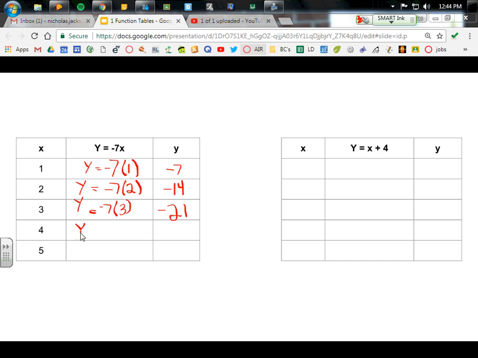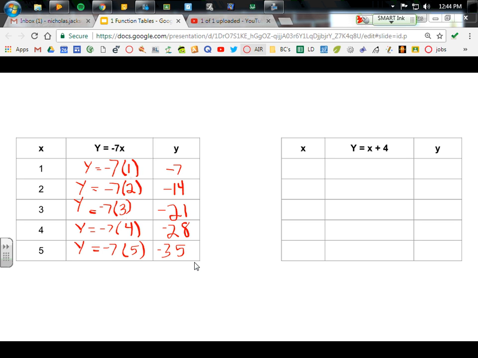If our input is 4, then our work becomes y equals negative 7 times 4, and our answer is negative 28. And if our input is 5, then our work becomes y equals negative 7 times 5, and our answer is negative 35.